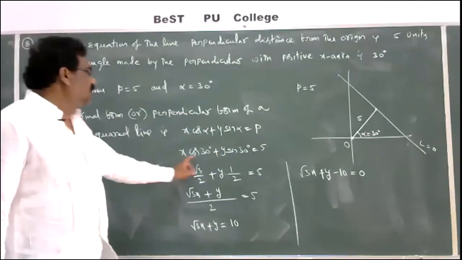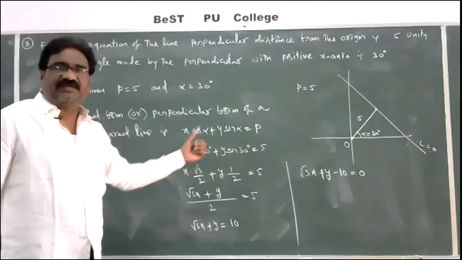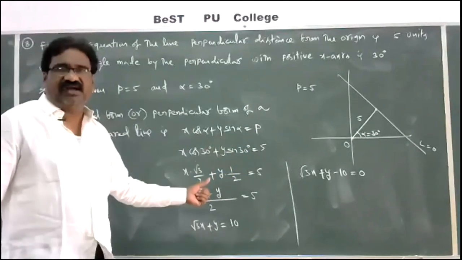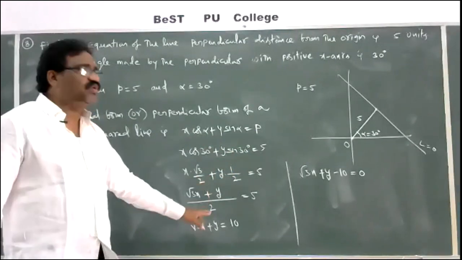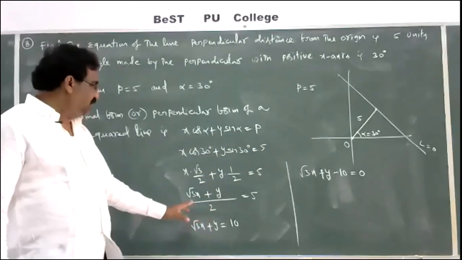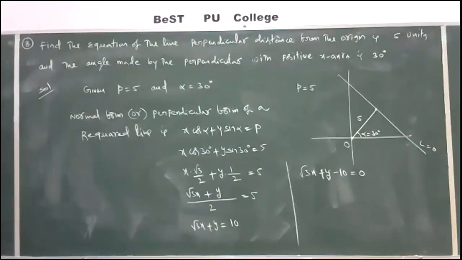That is x cos 30 degrees plus y sin 30 degrees is equal to 5. Then substitute cos 30 as root 3 by 2 and sin 30 as 1 by 2. Taking 2 as the LCM and simplifying, you get root 3x plus y minus 10 is equal to 0.